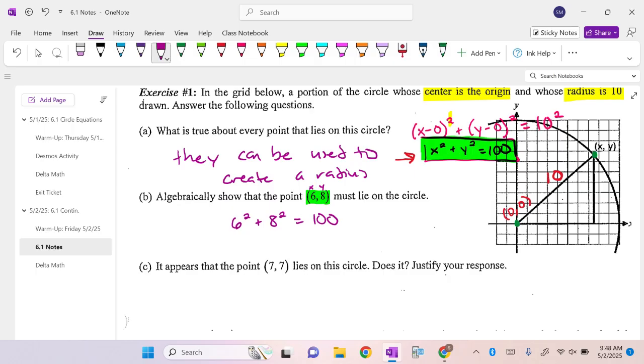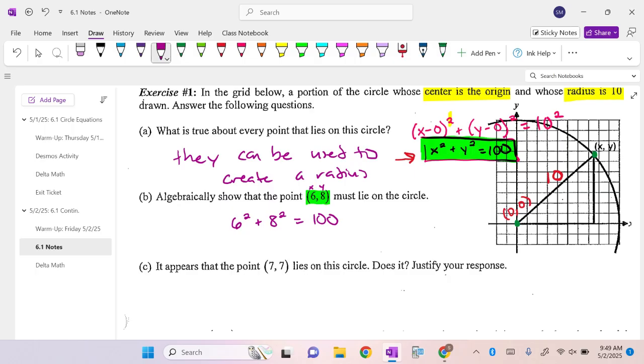If both sides of the equal sign are 100, that means we have a true statement, which means the point (6, 8) does in fact lie on the circle. If we didn't get 100 equal to 100, like say we got 95 equals 100, it would not lie on the circle because that's not a true statement. 95 does not equal 100.